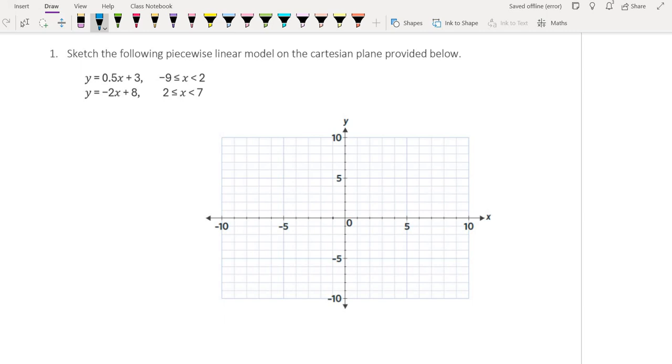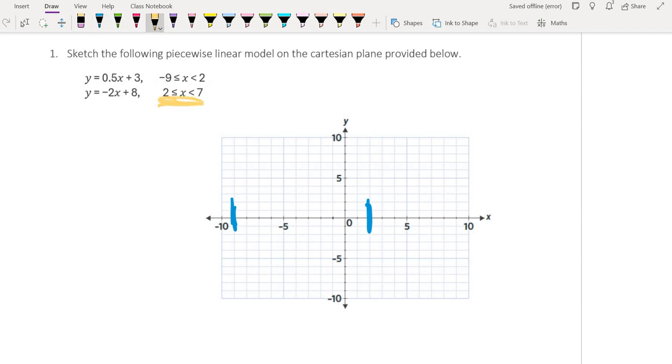If we're looking at the first one, from the value of x being from -9 over here all the way to 2, this part of the graph, I don't know what it looks like right now, but it's probably looking something like that, is going to follow this linear relation. So when we graph this between these two values, that's what we want for the first half of the equation.